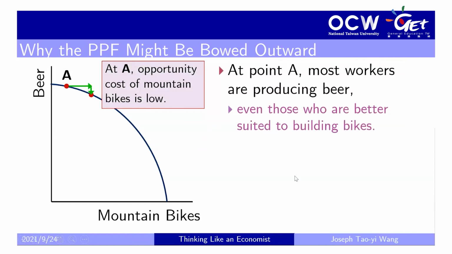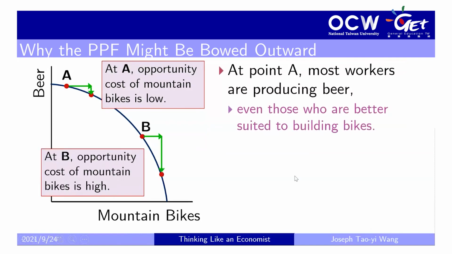So even those bike builders that are very good at building mountain bikes are producing beer. Of course, that's not good for them. If you want to shift these excellent bike builders to build bikes, the loss of beer is not much because they're not good at brewing beer anyway.